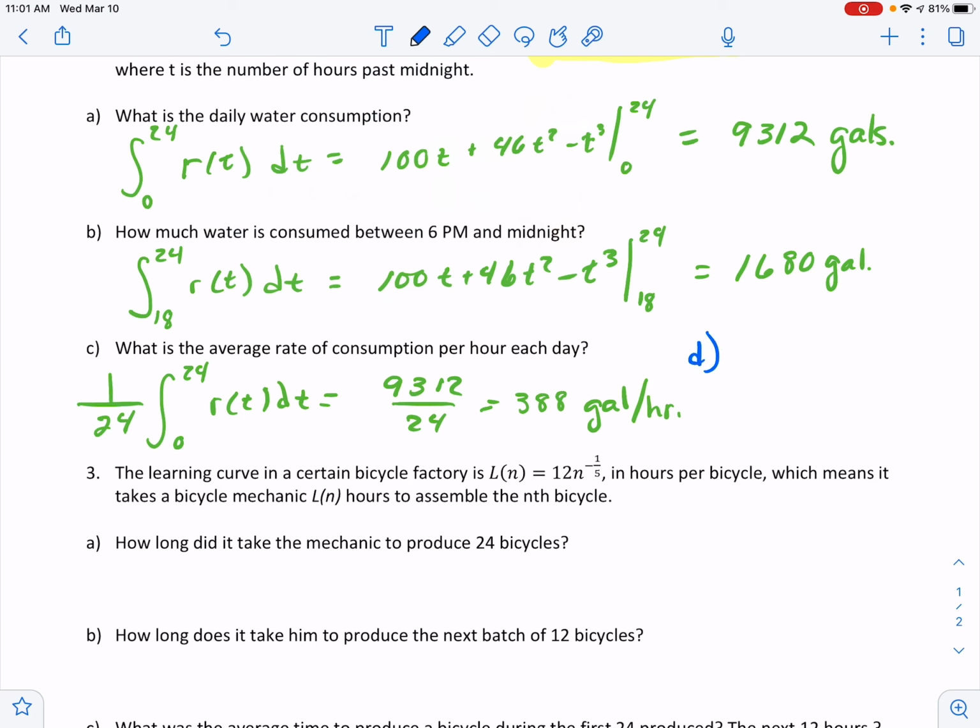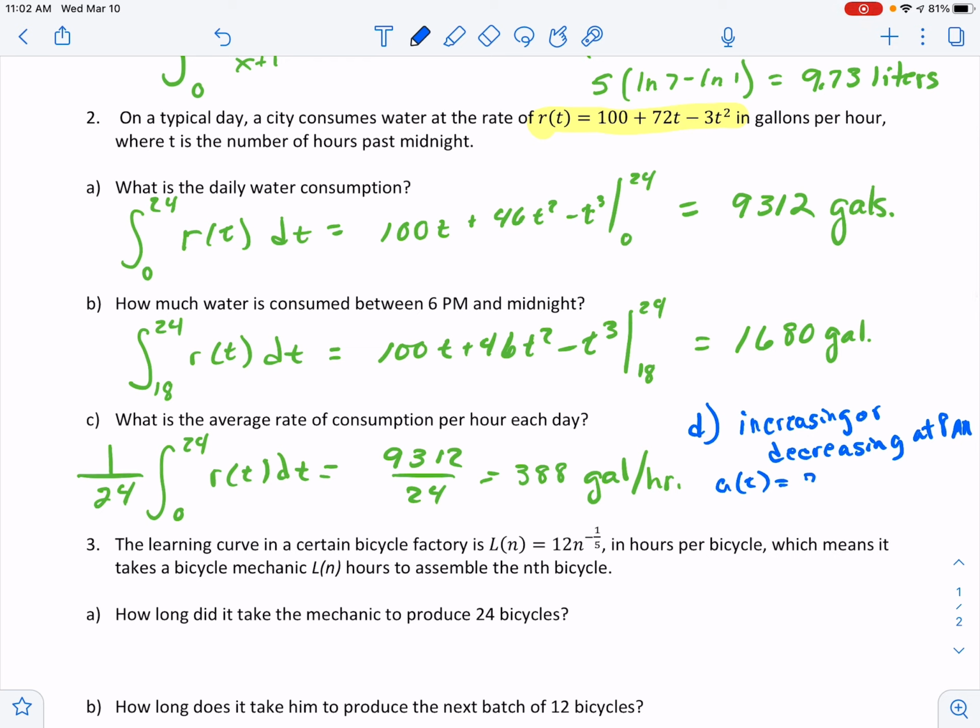I'm going to add a question on here, part D. And I want to know, is the rate increasing or decreasing at 8 a.m.? Well, you need A of t, which is the derivative of the equation, so you get 72 minus 6t.